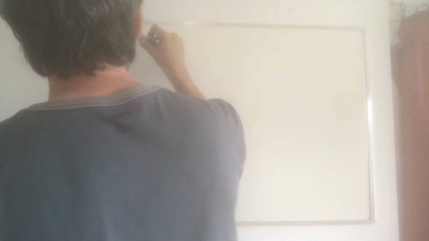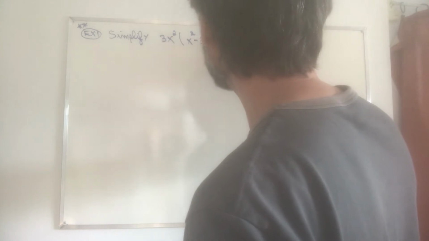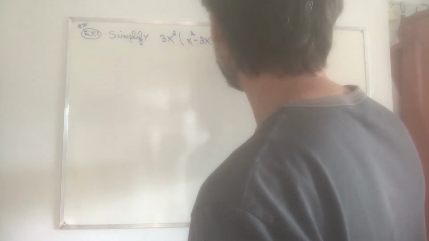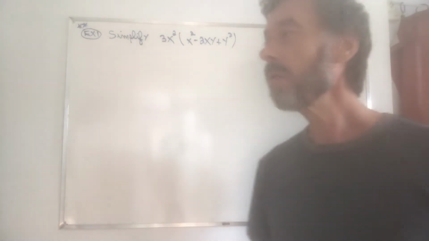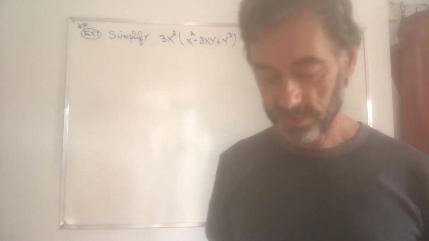Looks like this. Simplify, it's always simplify. Simplify, what do I got here? 3x squared times x squared minus 2xy plus y squared. Good. How would we do that?